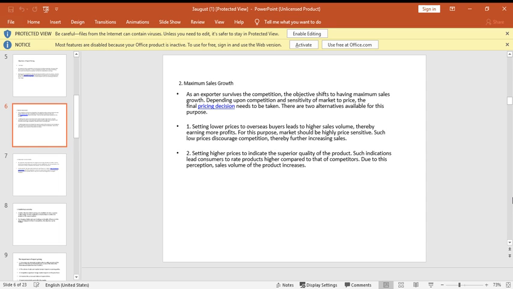The first alternative is setting lower prices for overseas buyers, which leads to higher sales volume, thereby earning more profits. For this, the market should be highly price sensitive. Such low prices discourage competition, thereby further increasing sales. So this is the first alternative.